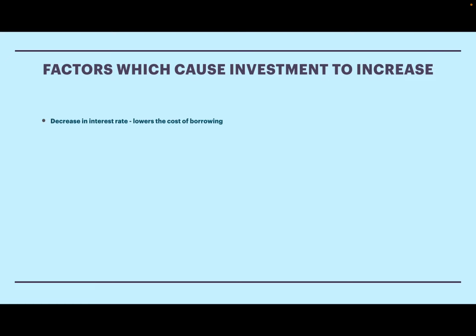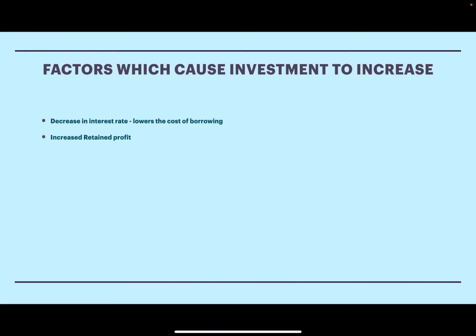A decrease in interest rates means that it's cheaper for businesses. Remember, investment is businesses. It's cheaper for businesses to take out a loan, to borrow money, to buy some machinery, to build a bigger factory, to train their workers better. So lower interest rates, lower cost of borrowing for them, and therefore more likely to spend on investment.